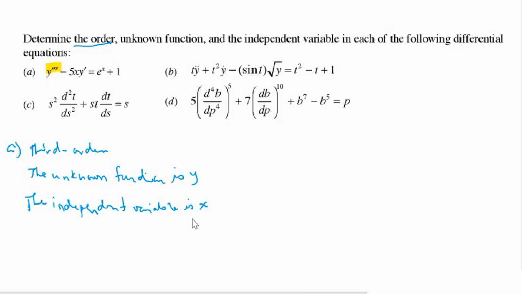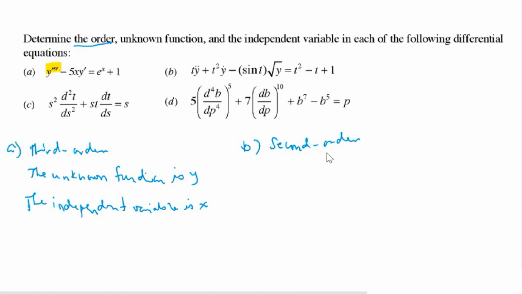Now for letter B, we have t y double dot plus t squared y dot minus sine t times square root of y is equal to t squared minus t plus 1. The order there is second order, because of the y double dot. I will write here for letter B, second order.